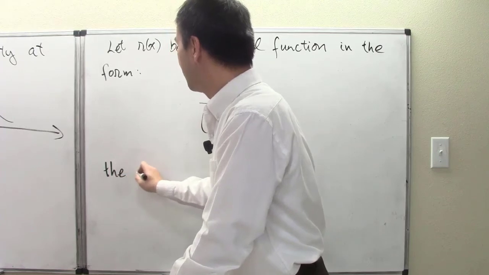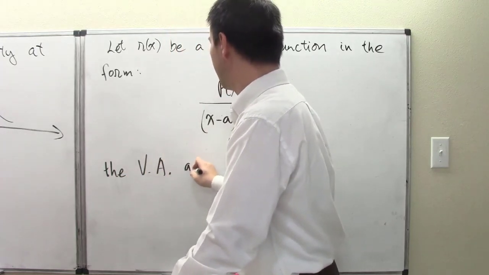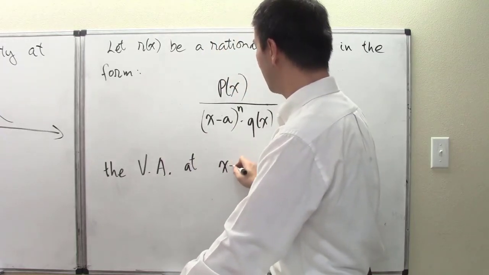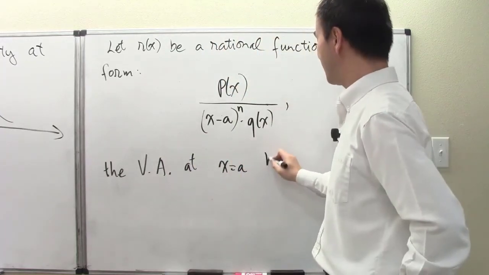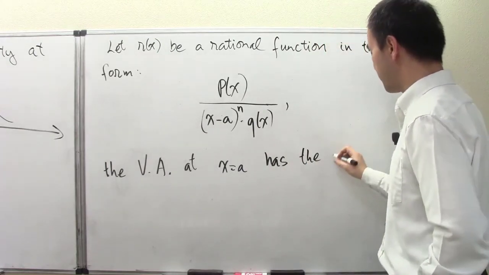The VA at x equals a has the following shape.